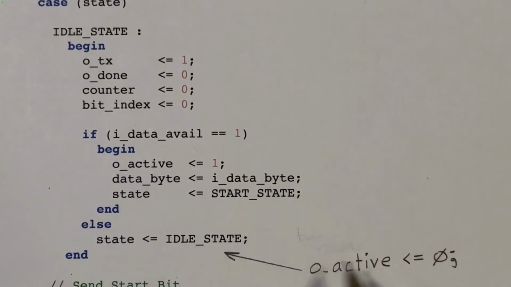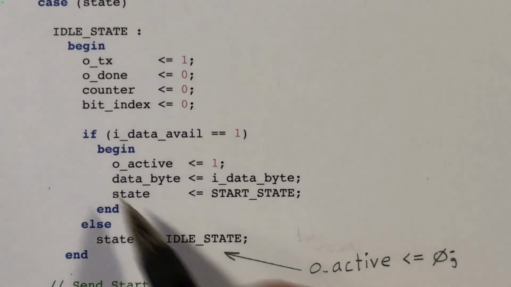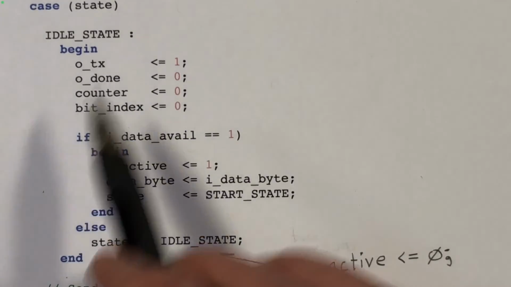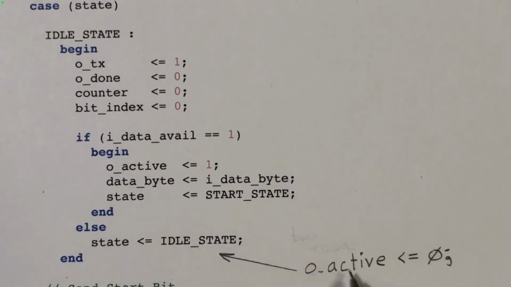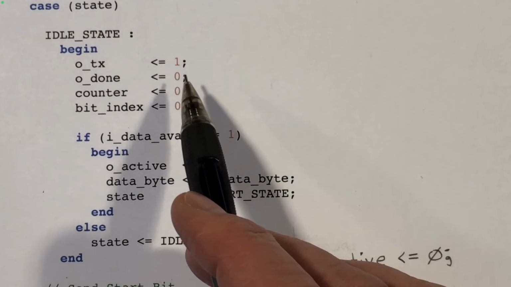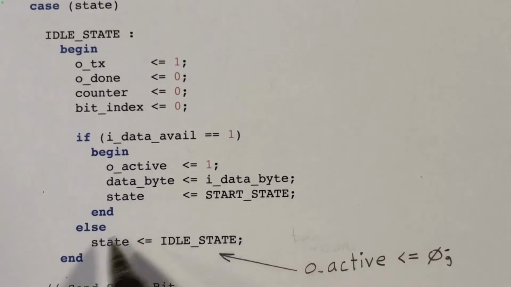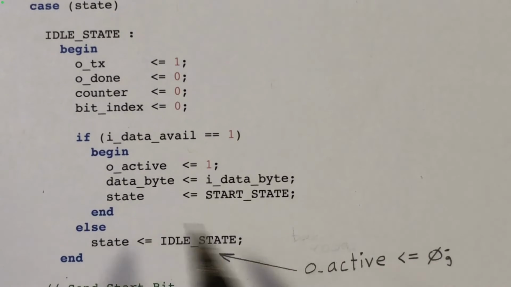And we're in the idle state with the active being high. If that situation were to arise, then the larger circuit would see that the active line was high, and it would never try to send a data byte to it, so it would never raise the data available line, and we could get stuck in this idle state, in this weird state. So I've since added this line, and it worked without it, but I think it's better to have this.